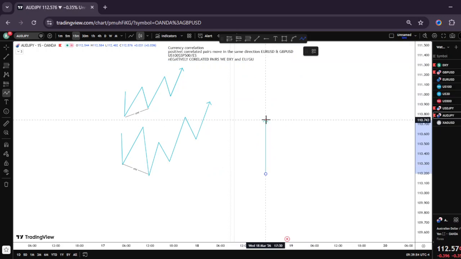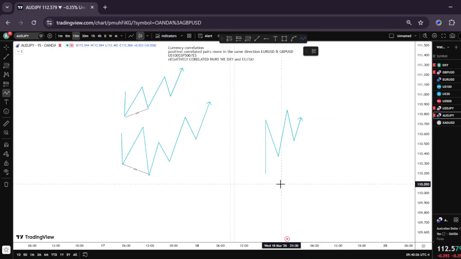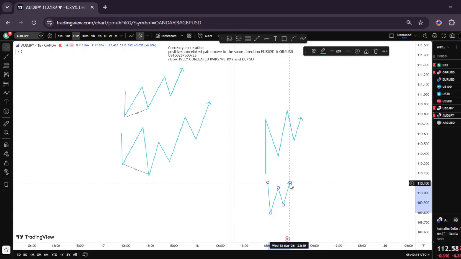So DXY, we have something like that. And then in EURUSD now it's the opposite. Our SMT will be at this point.